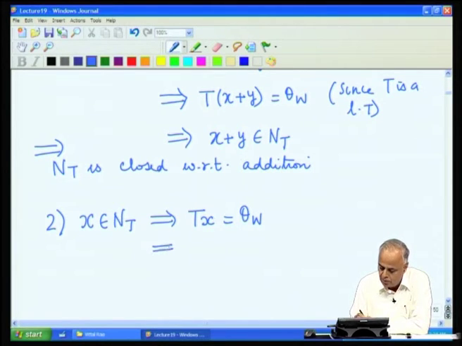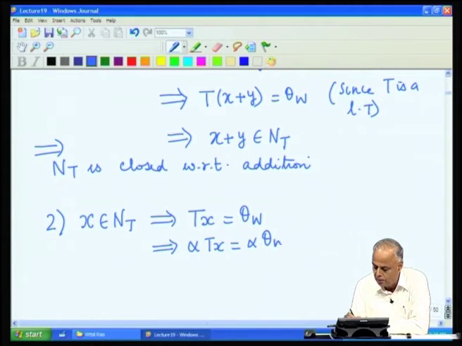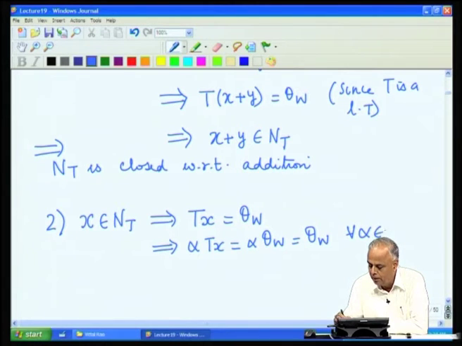And if that is so, for any scalar, if I multiply both sides by alpha, I get alpha theta w, which is theta w. When the 0 vector is multiplied by any scalar, we get the 0 vector. Now, since T is linear, T of alpha x is the same as alpha of T x, because T preserves scalar multiplication.